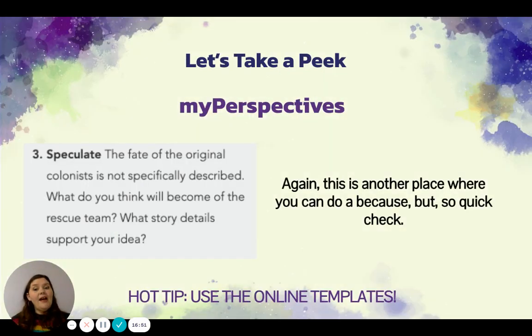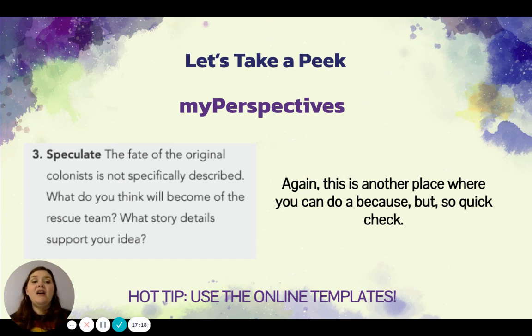So now let's take a look at My Perspectives. In one of the units, I believe this is a 7th grade unit, the students are asked to speculate based on what they've just read in this story. It says, the fate of the original colonist is not specifically described. What do you think will become of the rescue team, and what story details support your idea? We know how important it is for our students to back up what they say with evidence from the text.